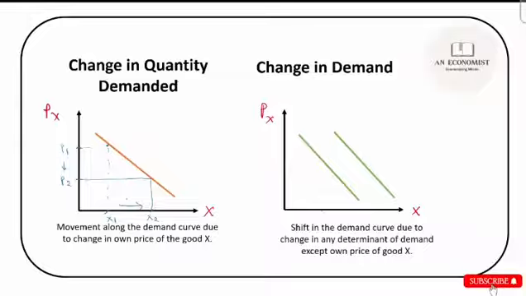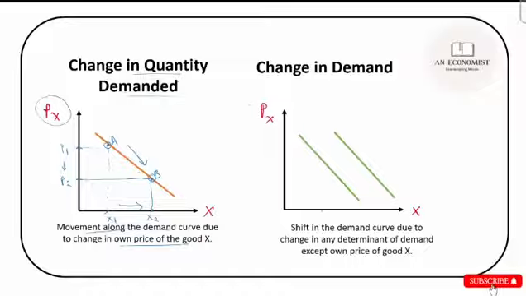As the price level goes down from P1 to P2, the quantity demanded goes up from x1 to x2 and you move along the demand curve from point A to point B. So as the own price changes, you see a movement along the demand curve due to the change in the own price of good X, and that is what we call the change in quantity demanded.